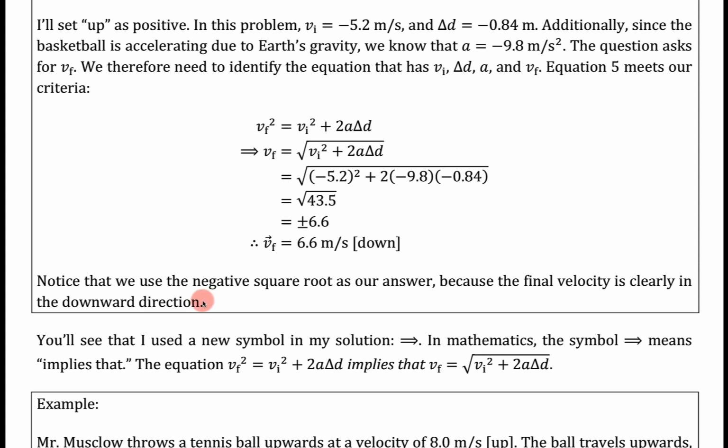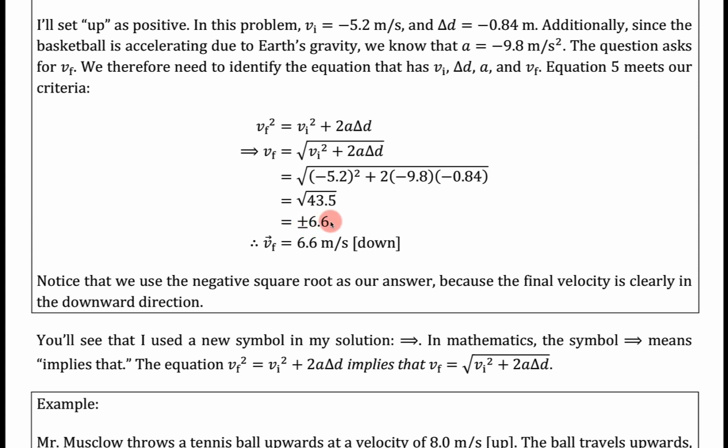Now, as it explains in the handout, when we punched our numbers in, we actually took the square root of 43.5. And we should always remember that when you take the square root of a number, the answer can be positive or negative.